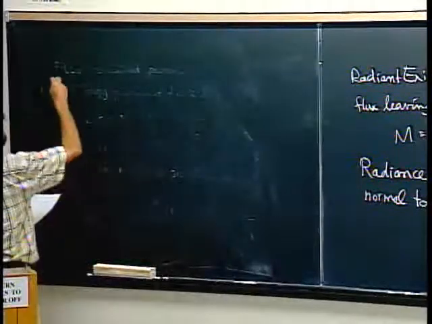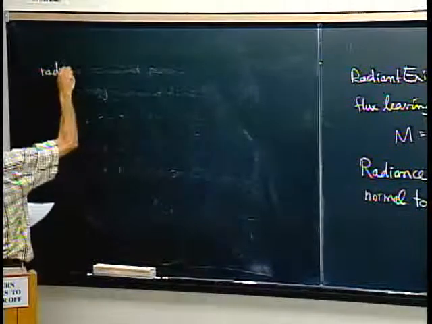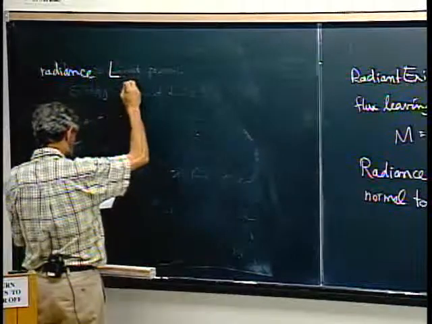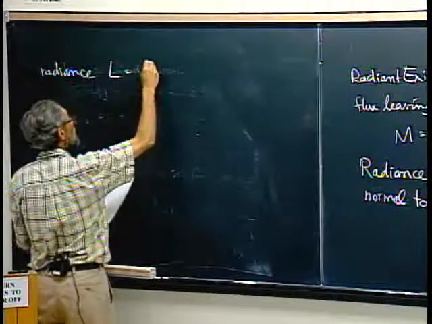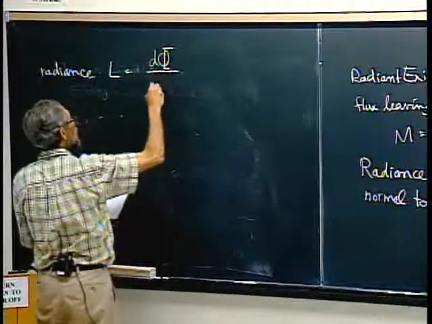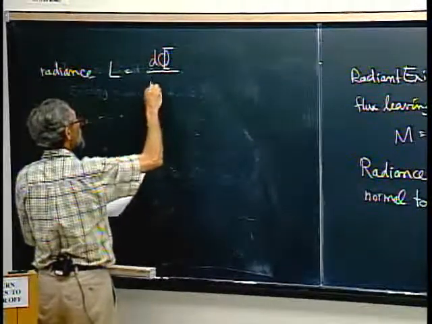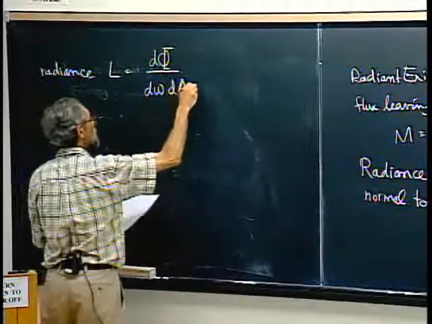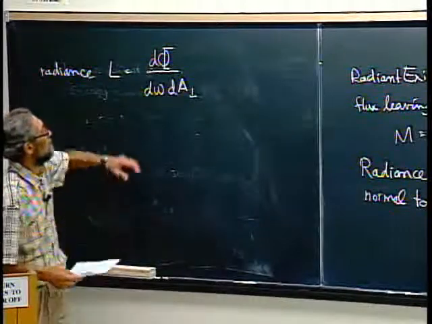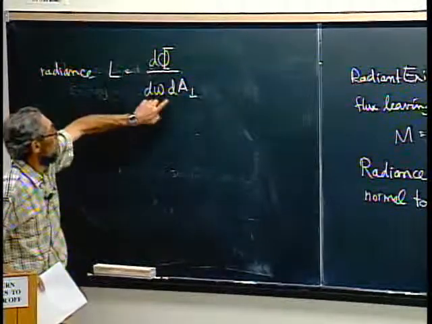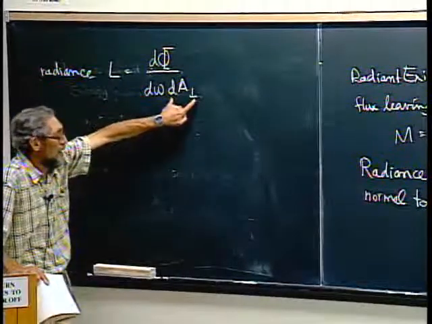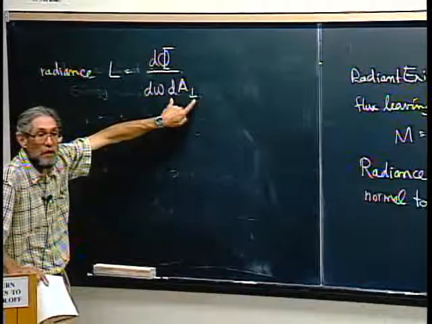So the notation we use for radiance is L. And what it is is the flux, well, let's use the d, with d omega dA perpendicular, where d phi is the flux, d omega is one of these solid angles that the flux is coming from, and dA perpendicular is the area perpendicular to the beam.